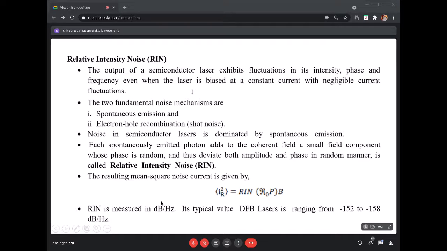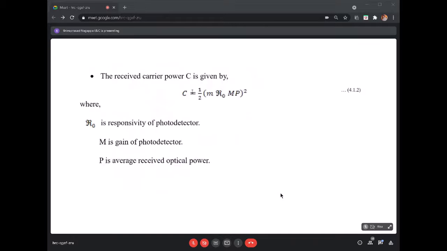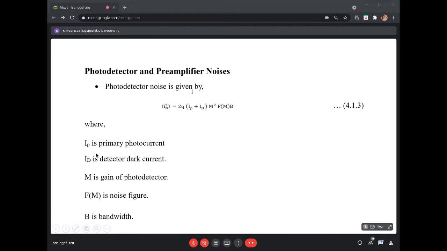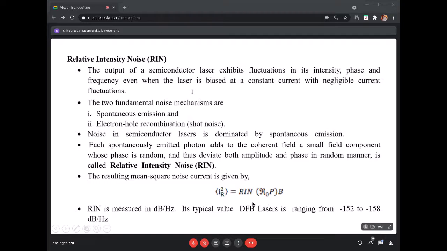So the resulting mean square noise current is given by I_R squared equals RIN times R0 squared times P squared times B. You know what R0 is, what P is and B. Here R0 stands for the responsivity, P is the average power, and B is the bandwidth, right? So I_R squared equals RIN times R0 squared times P squared times B.